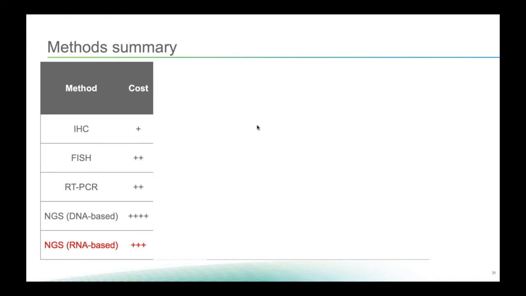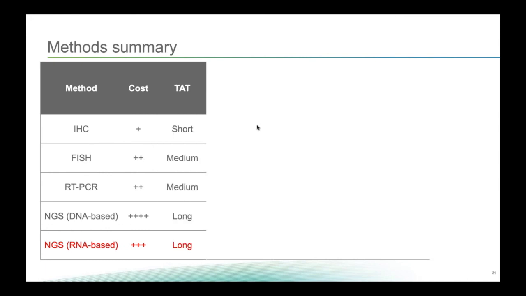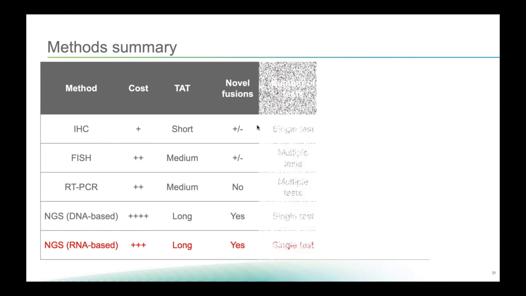So in summary, if we compare these 5 methods, immunohistochemistry, FISH, real-time PCR, NGS DNA, and NGS RNA, you will see the cost is increasing as we move toward the NGS. Turnaround time is also associated with NGS. Usually it will take 10 to 15 days, while immunohistochemistry and FISH probably 1 or 2 days.